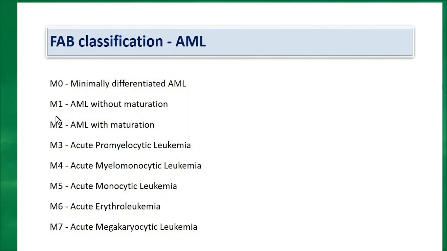M0 is minimally differentiated, M1 without maturation, M2 with maturation, acute promyelocytic leukemia, myelomonocytic, monocytic, erythroleukemia, and megakaryocytic leukemia. I would like you guys to go through this and try to memorize.